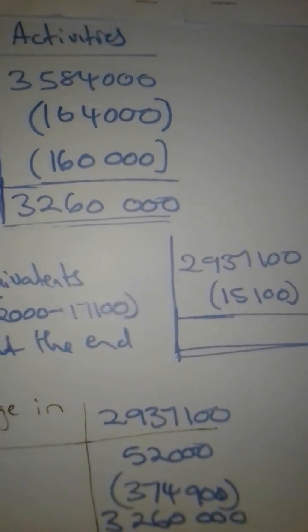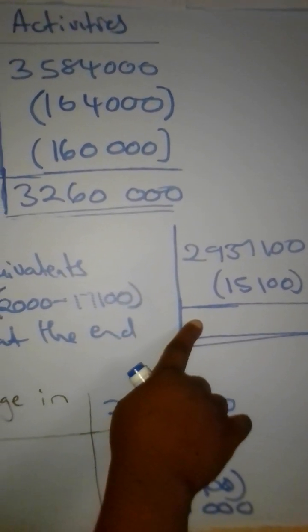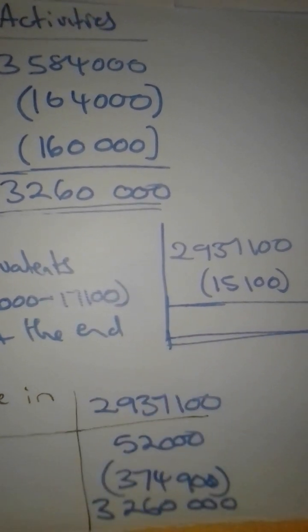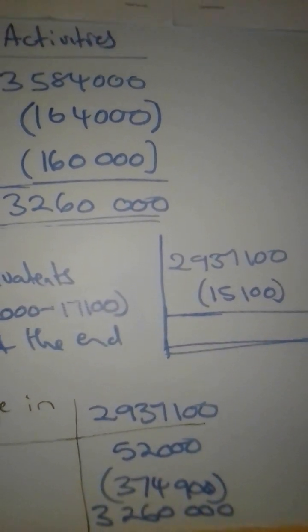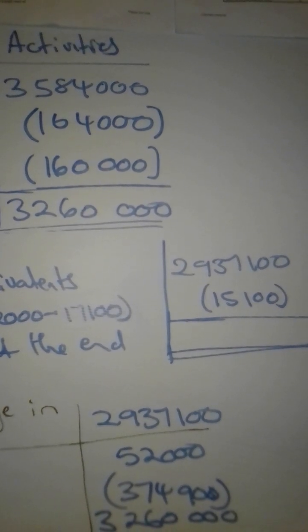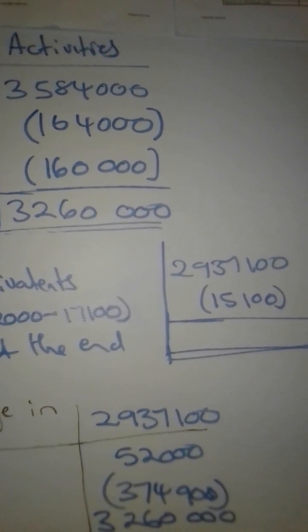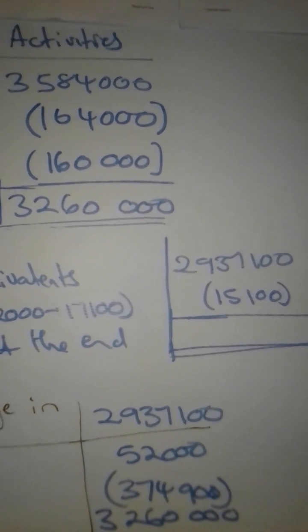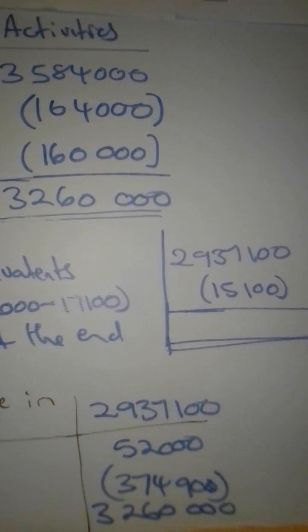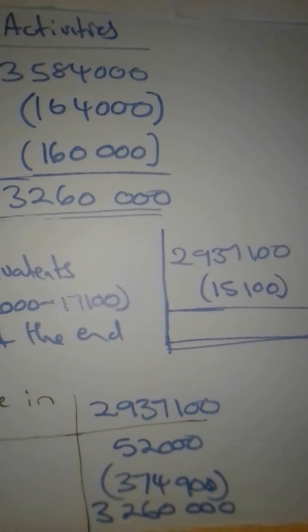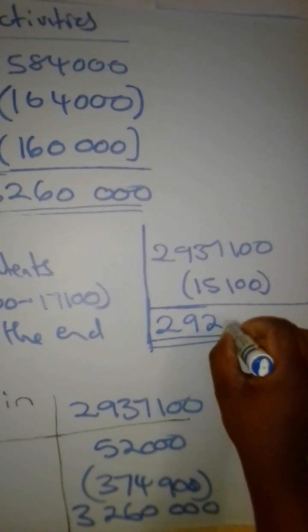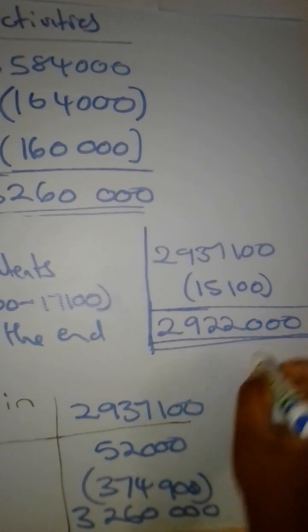Now we can safely calculate the cash and cash equivalent amount at the end. Of course, we are simply going to subtract the 15,100, and then we are going to remain with 2,922,000.